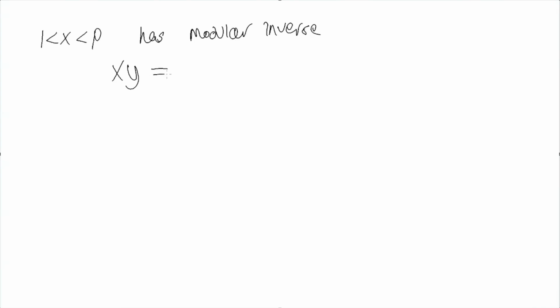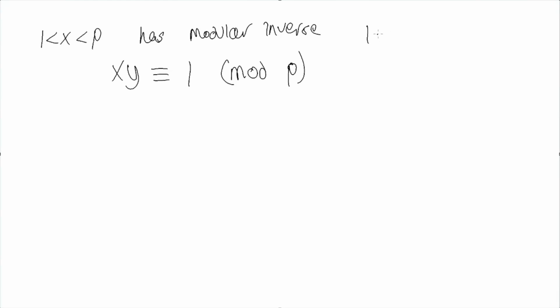And recall what made prime n special. Let me go ahead and write it down: every x with 1 less than x less than a prime number p has a modular inverse. What we mean by modular inverse is that there exists a y such that x times y is equivalent to 1 mod p.